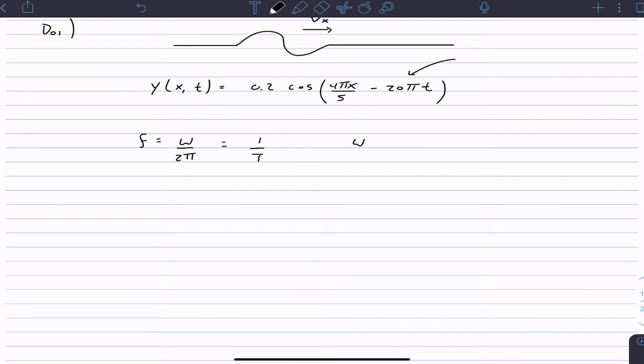So here we have omega is 20 pi. That's also equal to 2 pi times f. So f is equal to 10 hertz.